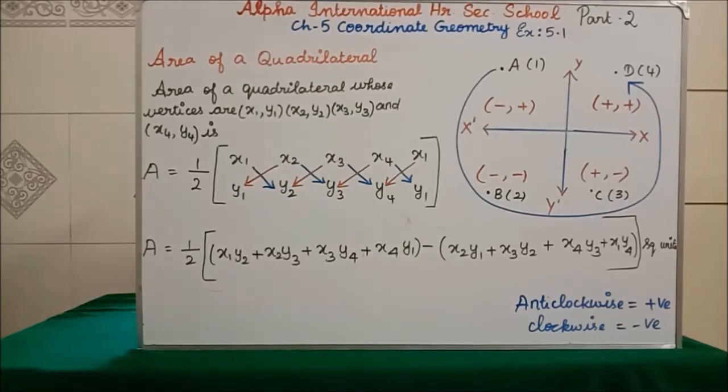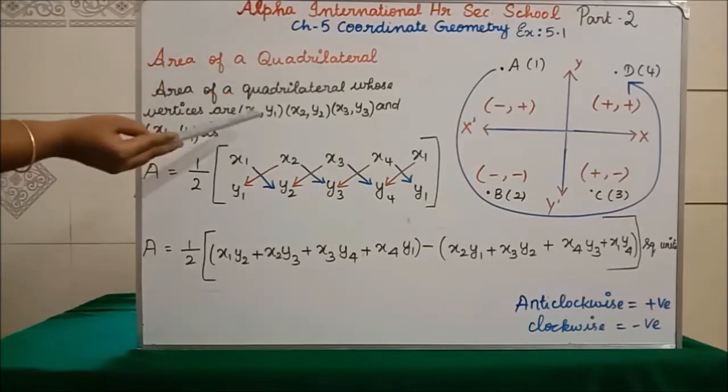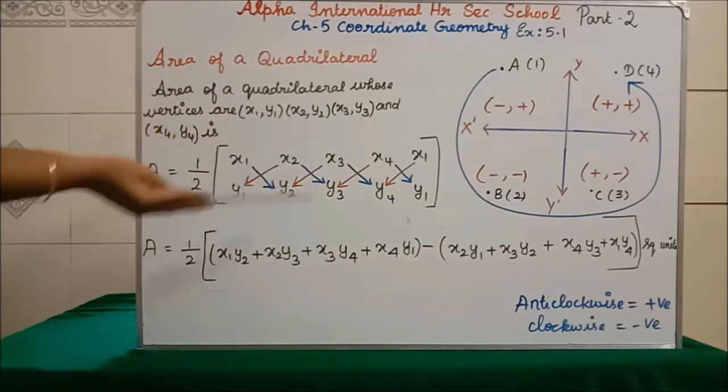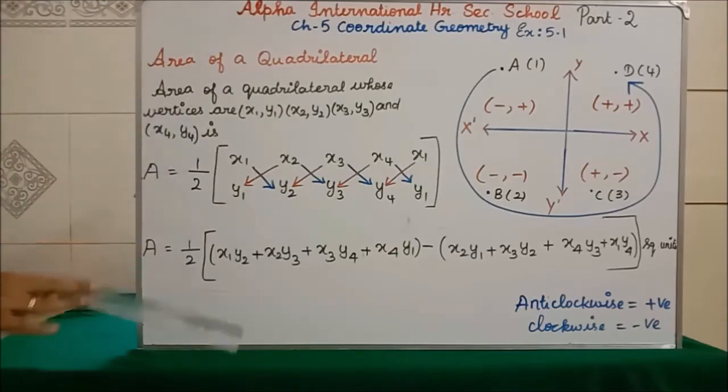But triangle means you will get 3 vertices. Since you are quadrilateral, so you will get how many vertices? 4 vertices we have got. The area of a quadrilateral whose vertices are x1, y1, x2, y2, x3, y3 and x4, y4. Now how we did for area of triangle, the same we are going to do for area of the quadrilateral also.